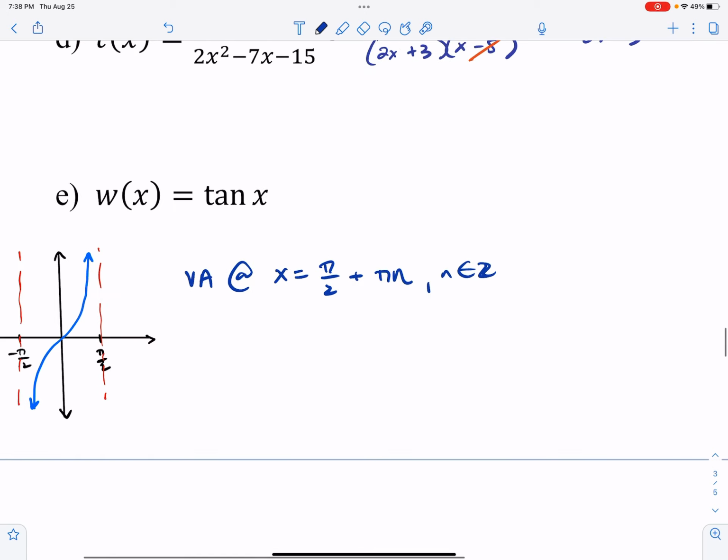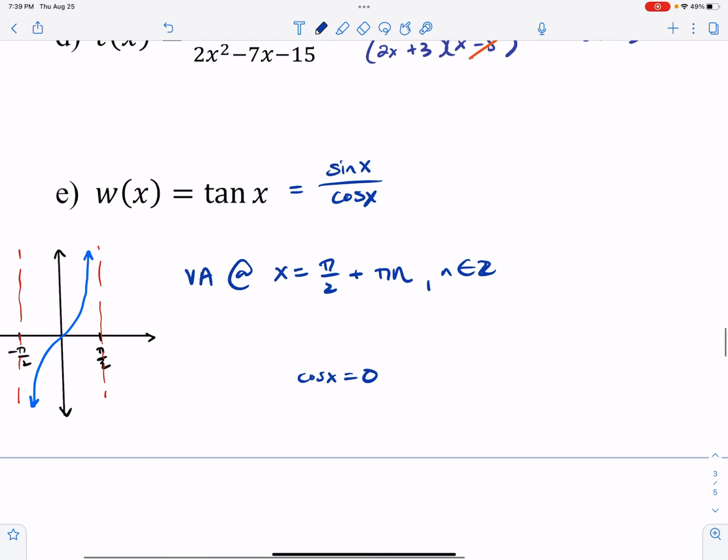The other approach that you could have used here is the fact that tangent is equal to sine over cosine. So you would basically solve for where cosine is equal to 0, which you could come up with that general solution set using inspection. So since 0 is a unit circle value, you know that at pi over 2 and 3 pi over 2. So you could say x equals pi over 2 plus pi n, or you could come up with the two separate solutions, right?